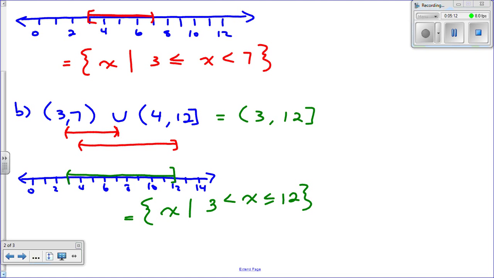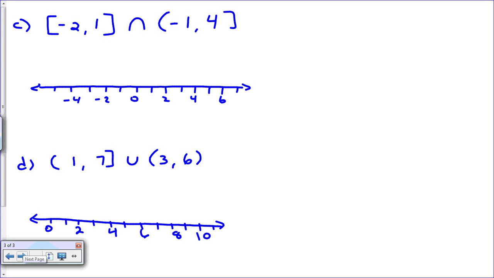Okay, let's look at a couple more examples, or feel free to start in on the work if you feel comfortable with it. So in this example, we're doing intersection again. So again, it's only the part that's on both, and we're going from -2 to 1 with square brackets, and from -1 to 4, the -1 is round though, and the 4 is square.